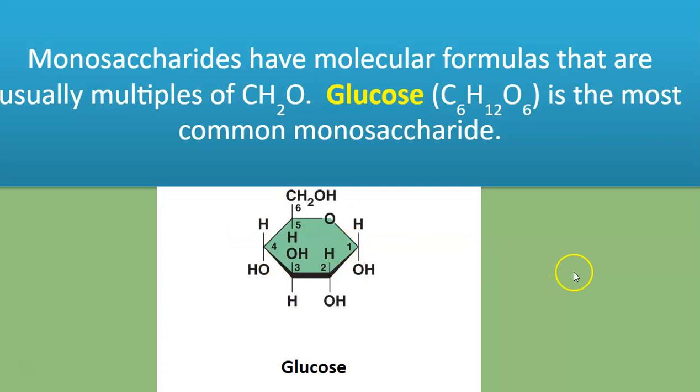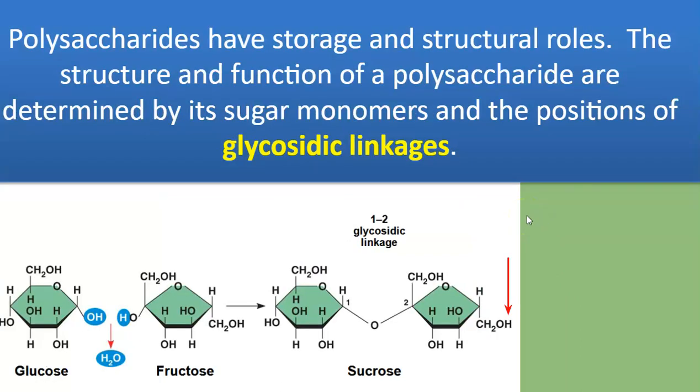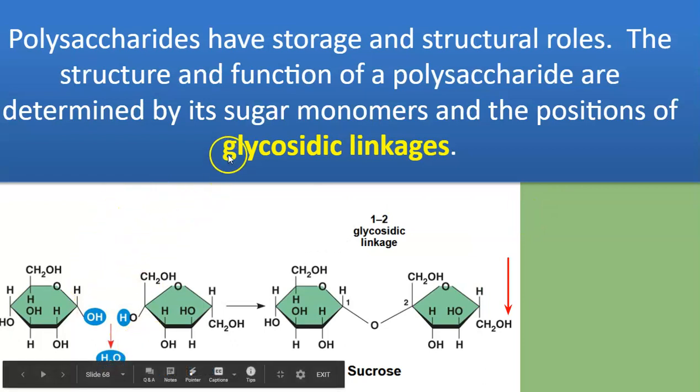But we also know that there are sugars like ribose that only has five carbons. If it ends in -ose, that's a good giveaway that it's a sugar or a carb. They are joined together by glycosidic linkages. So it's still dehydration synthesis, but that's how they are formed.